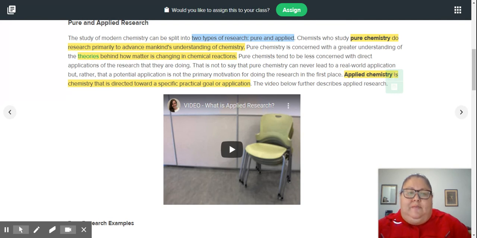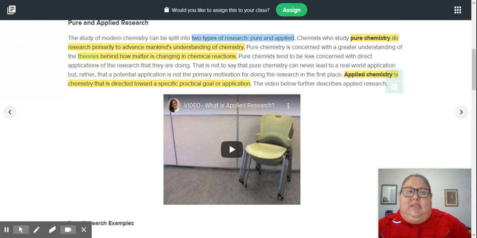That's more if you're trying to apply what has already been discovered. That tells you right there, that's applied chemistry. This type of chemistry is directed towards a specific or practical goal or application. You are trying to build upon somebody else's work.